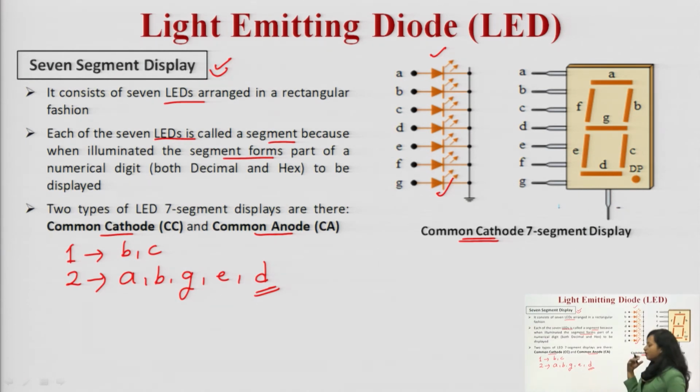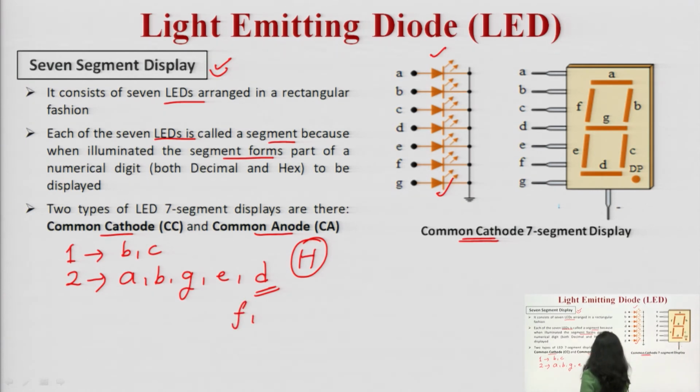So depending upon the requirement of which particular segment is going to be illuminated and which is not, accordingly this type of display can be made. If you have to display H, just visualize how you write H: the vertical lines and the horizontal one. It means for this, F, E, B, C and G, these LEDs will be illuminated. So this is how H will be displayed.